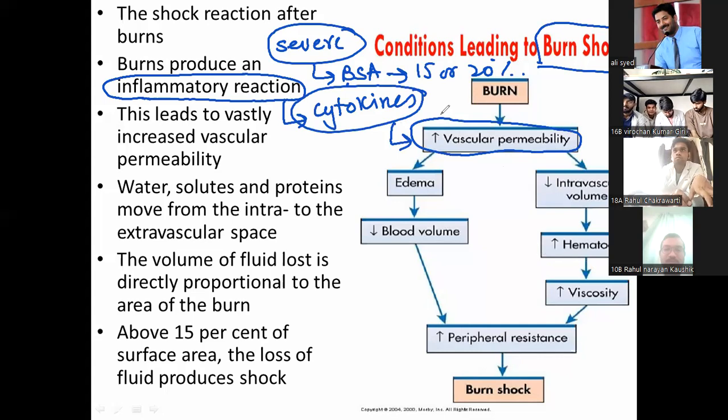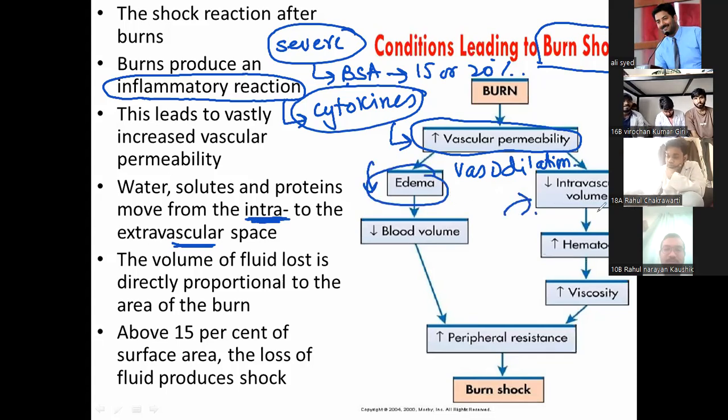Due to that, there will be vasodilation, and the liquid part of the blood will move from the intravascular compartment to the extravascular compartment. It will lead to edema and reduced intravascular volume. When there is a decrease in intravascular volume, the blood viscosity will increase, and there will be an increase in the hematocrit level.